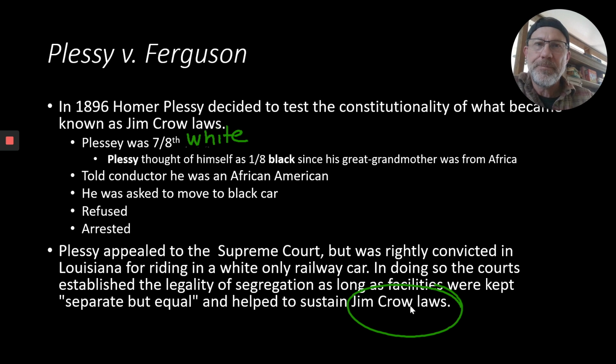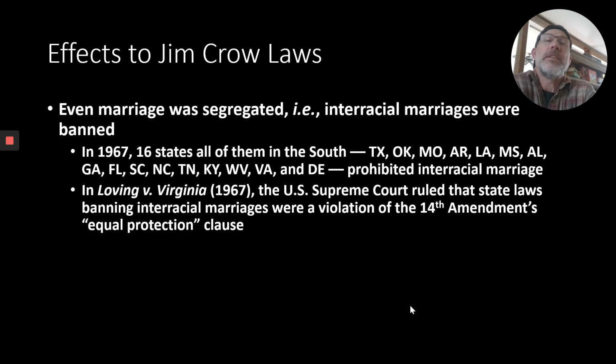So let's keep going here. The effect of these separate but equal or Jim Crow laws is that it started to create a sense of segregation. Now, you may have seen movies where, during the time period of the Jim Crow laws, in restaurants, blacks had to eat in the back and enter in the rear of the restaurant. Whites would eat up front.